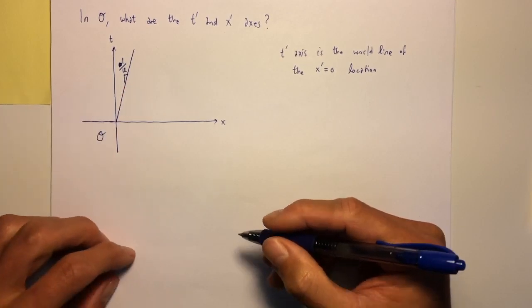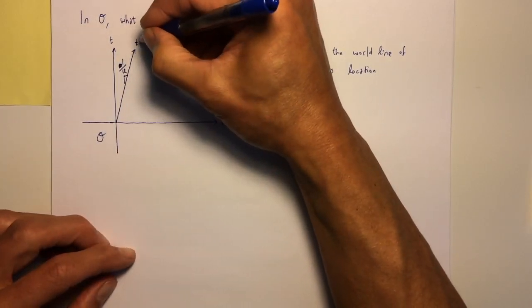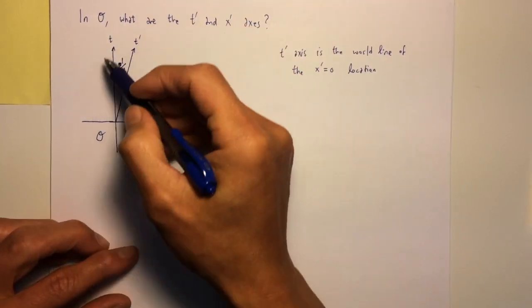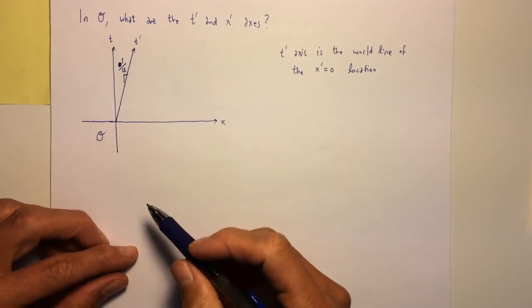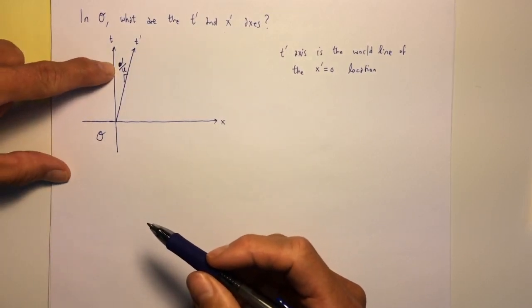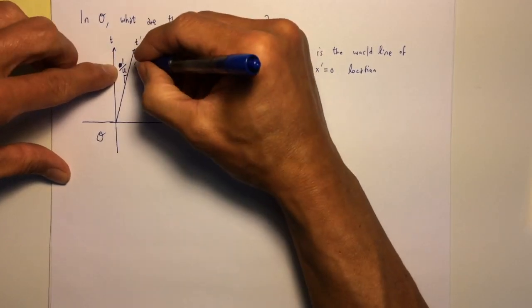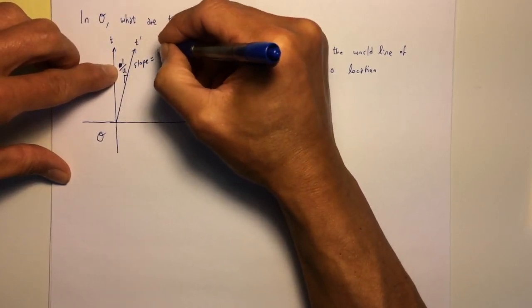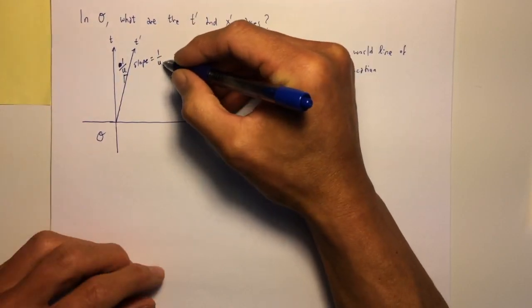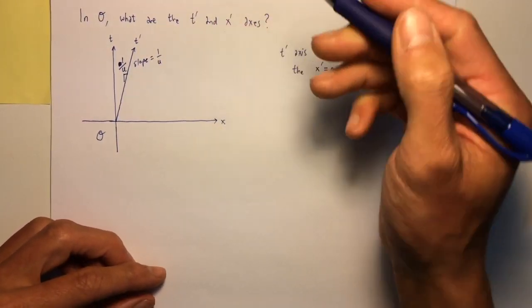That's the slope of the t prime axis inside of O, right? The slope is 1 over u. So let me show you why the slope is 1 over u, where u is the relative speed between O prime and O.